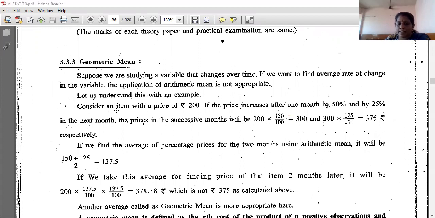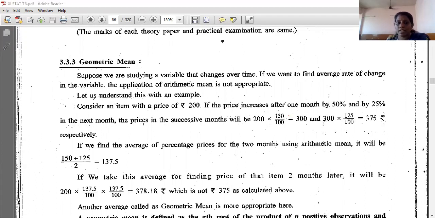Consider an item with a price of 200 rupees. If the price increases after 1 month by 50% and by 25% in the next month, the price in successive months will be 200 into 150 upon 100, that is 300. If it is an increase, we take 100 plus, and if it is a decrease, 100 minus.